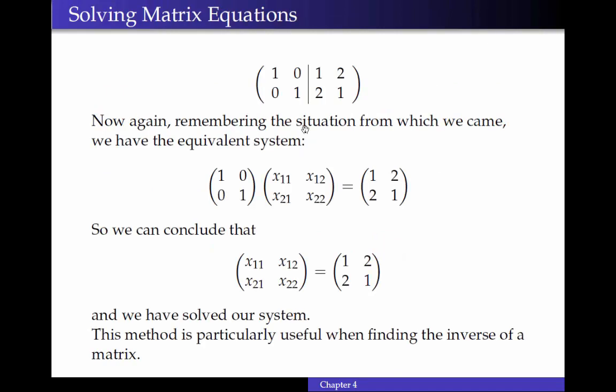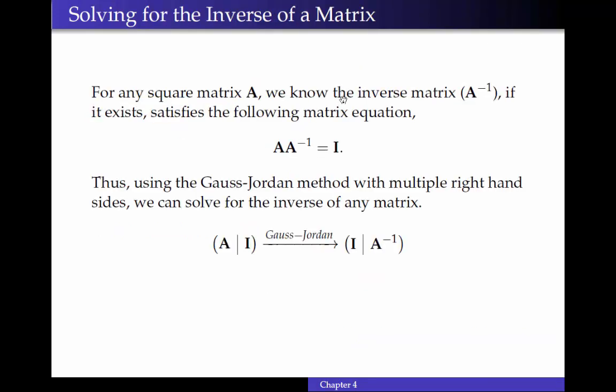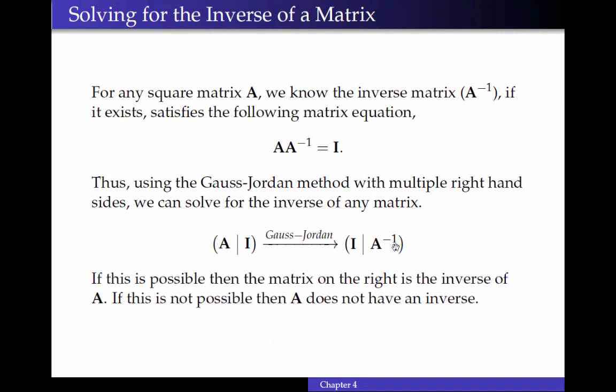Just like here, once we transformed the augmented matrix so that the identity was on the left, the unknown matrix X was on the right. So here, once we get the identity on the left, our unknown A inverse will be on the right. If it's not possible to convert A to the identity under Gauss-Jordan elimination, then A does not have an inverse.